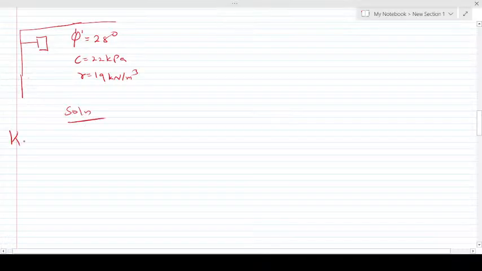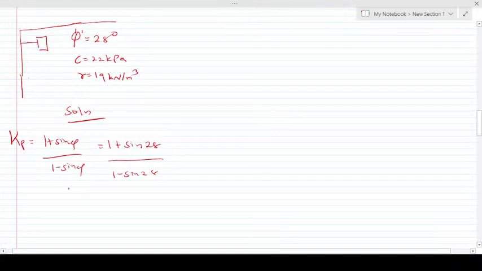So the first thing, find your Kp, right? When you find your Kp, you have 1 plus sine phi over 1 minus sine phi. So we have 1 plus sine 28 over 1 minus sine 28, right? And this will be giving you 2.7698 again. Then let's find our stresses, right? What's our formula? Our formula is gamma z Kp plus 2c root of Kp.